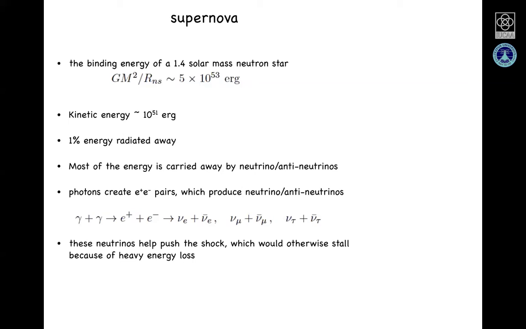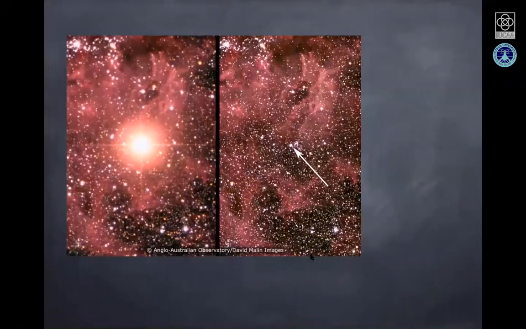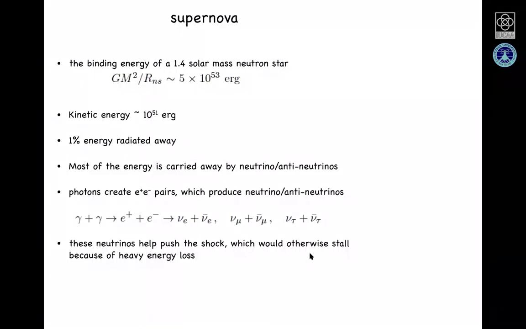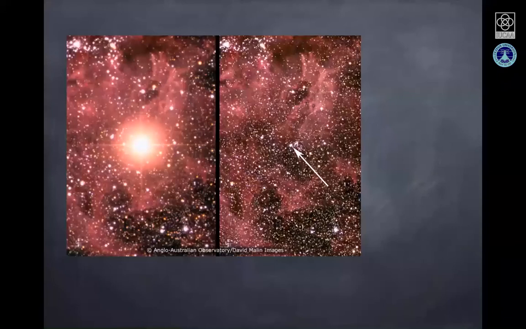And we know that this is not just theoretical expectations. We know that this is actually what happens in a supernova, thanks to a chance occurrence of a supernova very close by in a satellite galaxy, the LMC, the Large Magellanic Cloud. This is a picture of before and after.